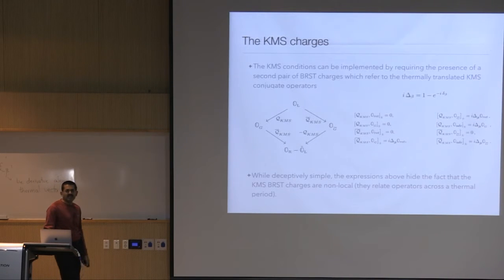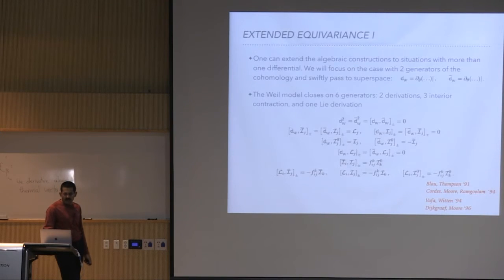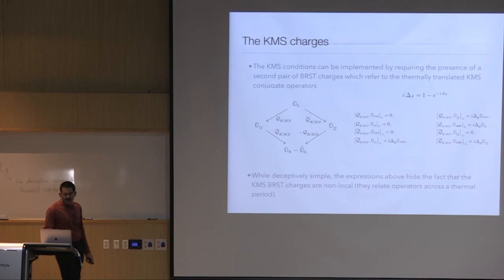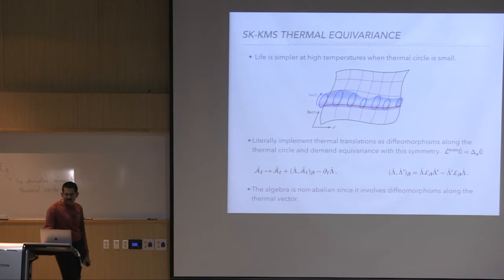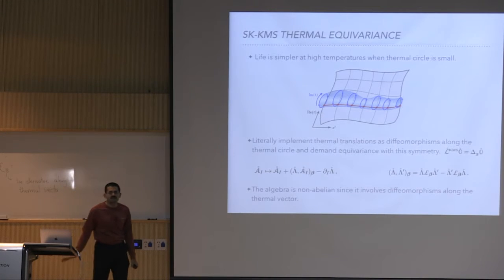The lead derivative is a lead drag along the thermal vector. But I already made my complaint earlier that this is a non-local gauge charge because it involves finite translations along the Euclidean thermal circle. So I don't know how to make sense of this in general, but I do know how to make sense of this in a particular context, which is at high temperatures.